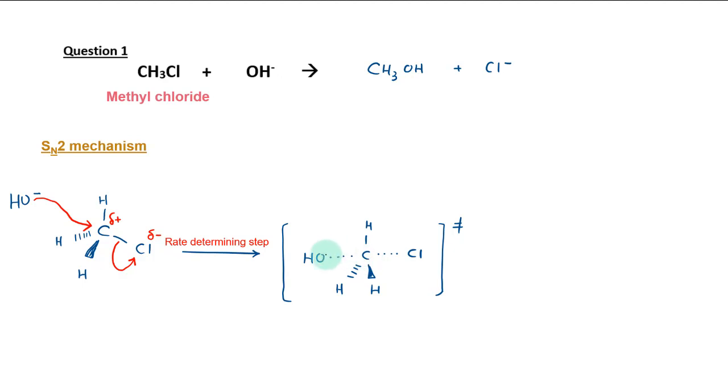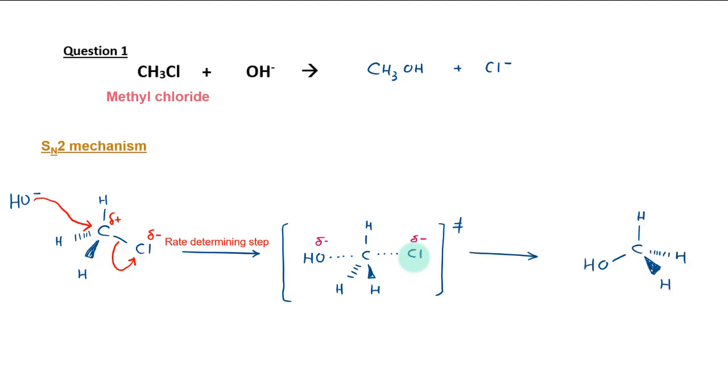The C-O bond begins to form, so we're using the dotted line over here to indicate the bond is forming. And then for the C-Cl bond, the bond over here begins to break down, so again there's a dotted line over here. The other three bonds are not affected, so we just copy them again. For the nucleophile and the leaving group Cl, we are going to draw the delta negative signs on top of them: delta negative oxygen and delta negative chlorine.